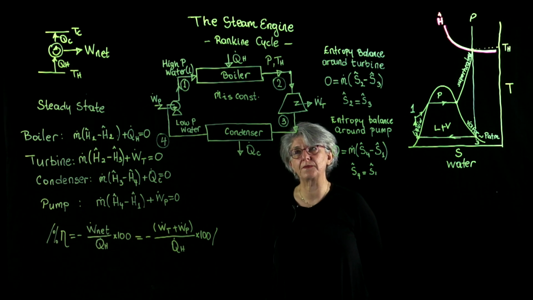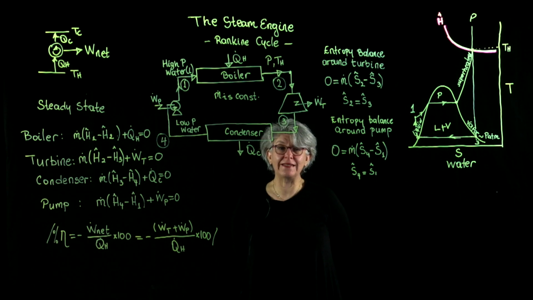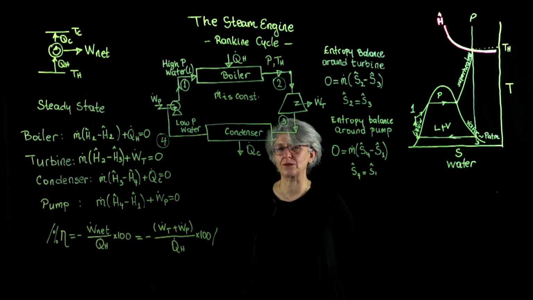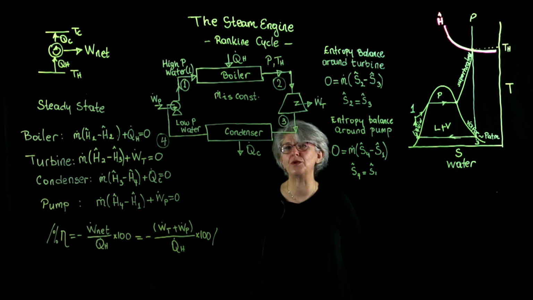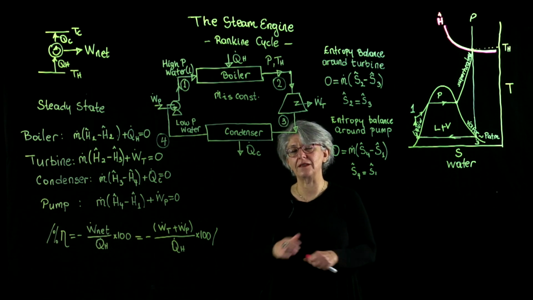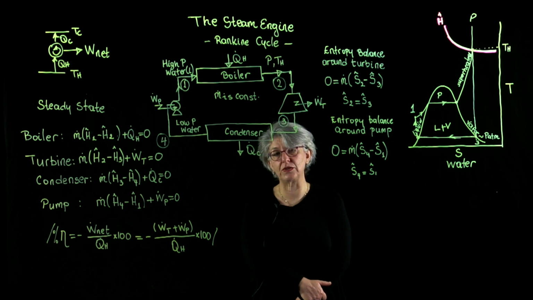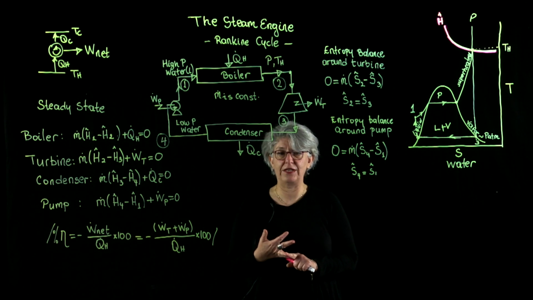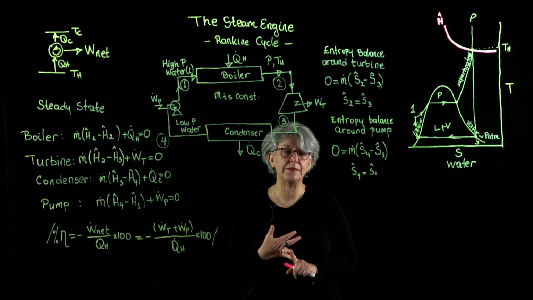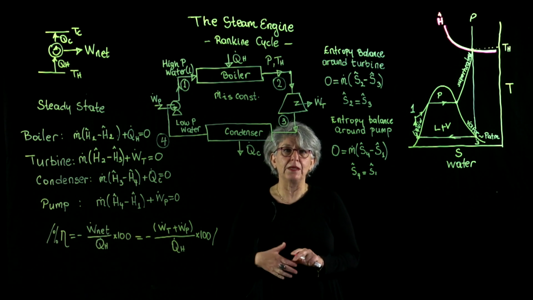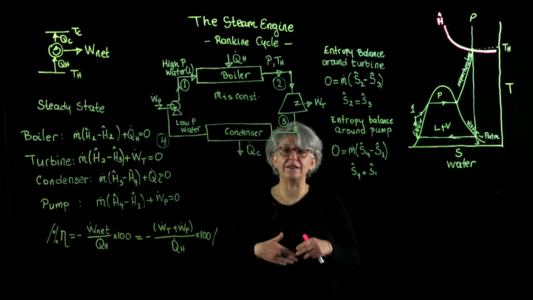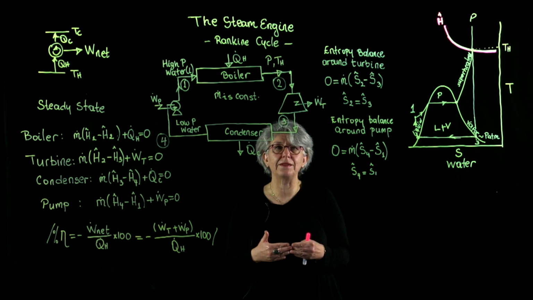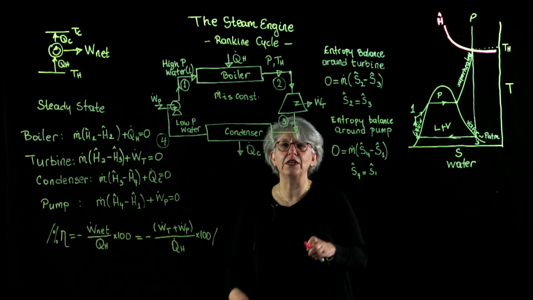Now let's relax some of our assumptions and ask the question, what if our turbine is not operating reversibly? If it is not operating reversibly, it should generate entropy and it should exchange heat with its environment. So the fact that the turbine is not operating reversibly is going to change the game.